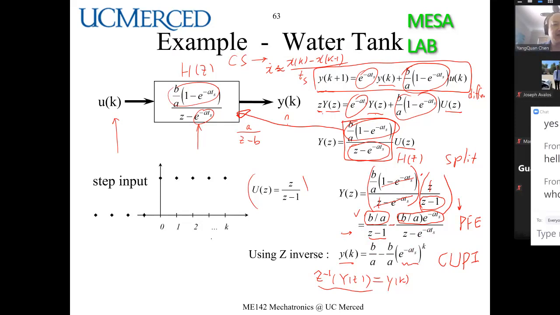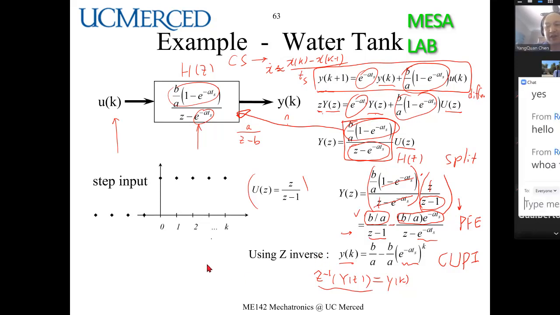So this factor to the power of K. So you can see now we can solve the first order step response in discrete time domain via the Z transform. We didn't do it by enumeration, a very complicated method, right? So don't you guys feel proud of yourself? Yes, you should.